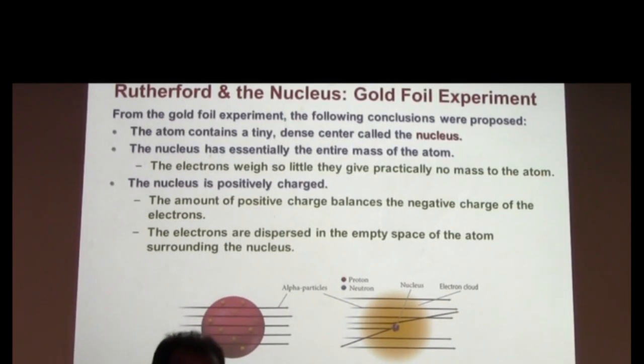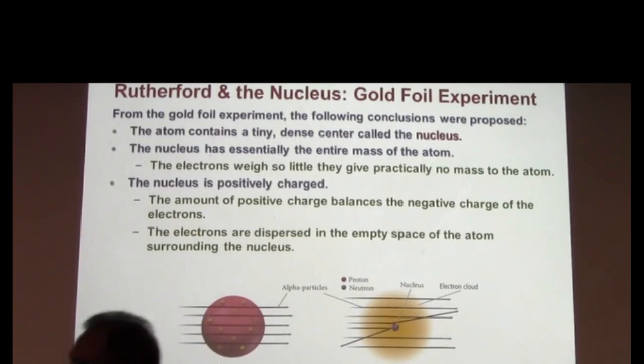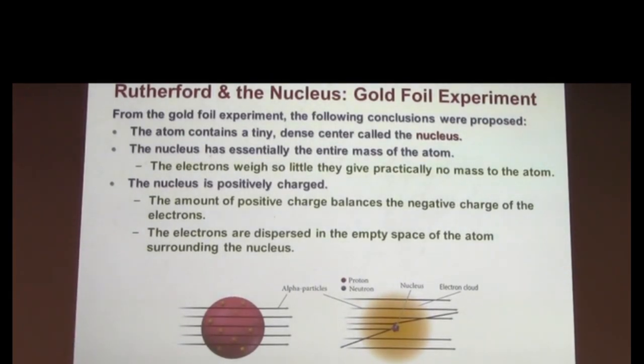According to Rutherford, the positive charge in the atom is concentrated in a place called the nucleus. Now we know more about it: there are neutrons and protons there. We came up with the nuclear atom, created by Rutherford in the gold foil experiment.